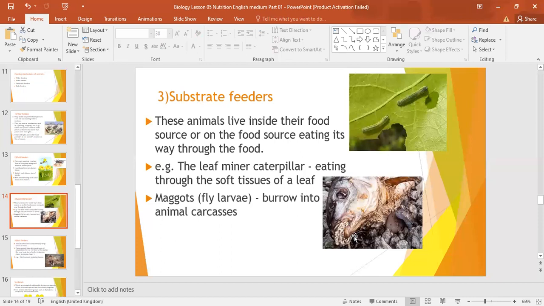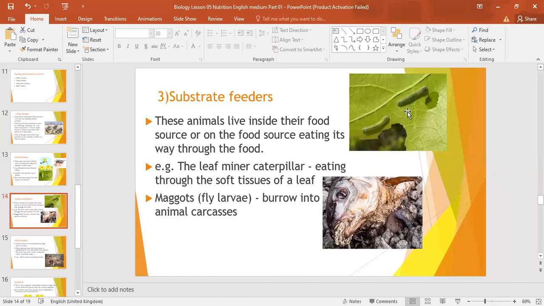These fly larvae feed on this dead body. They burrow into animal dead bodies, animal muscles. Therefore, we can say they live on the food source, inside the food source.